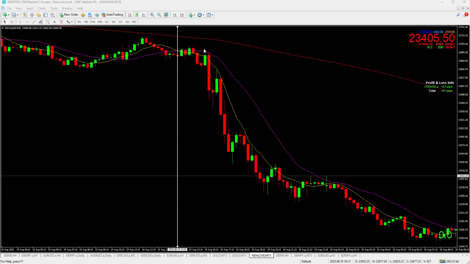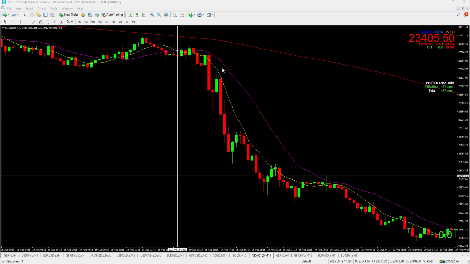Because you are selling, you want to be joining really when the candle is red. Now, some people would join when the price goes close to the 10 or even the 20.